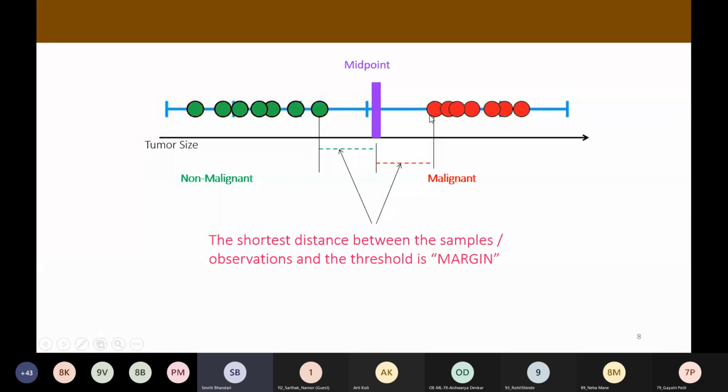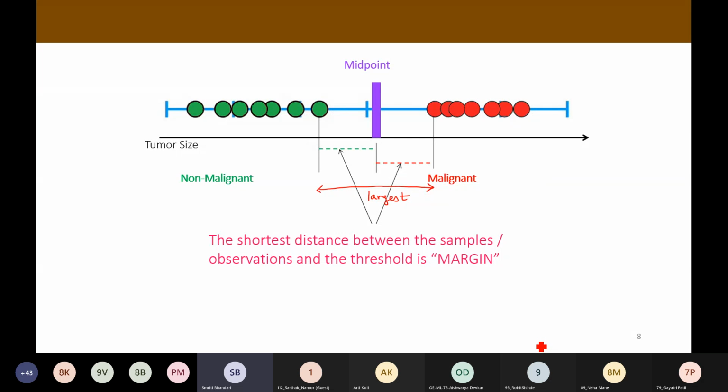So when a threshold is halfway between the two observations, the margin is as large as possible. I'll repeat: when the threshold is halfway between two observations, the margin is as large as possible.